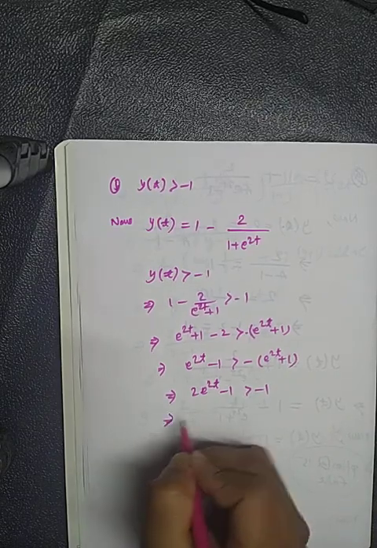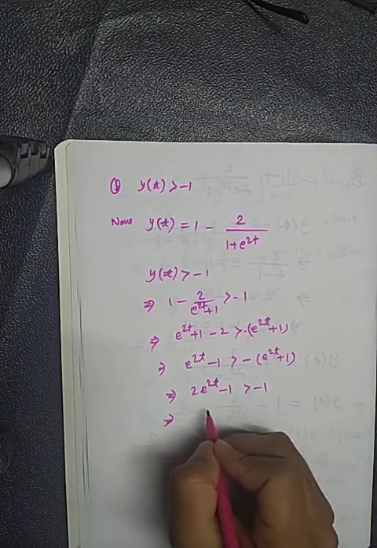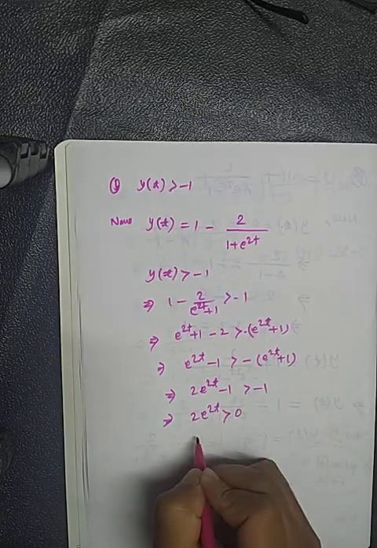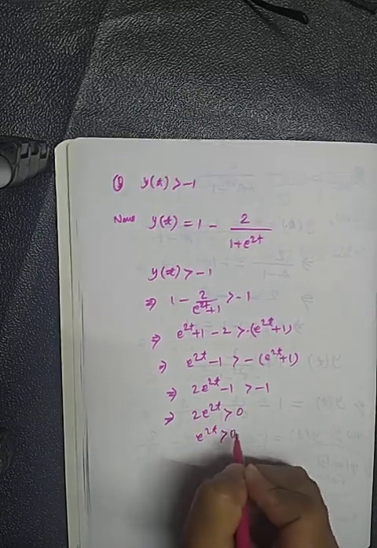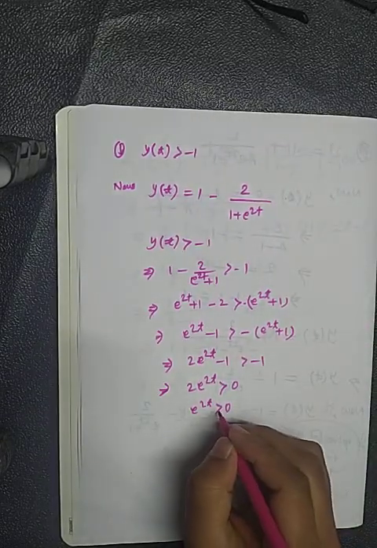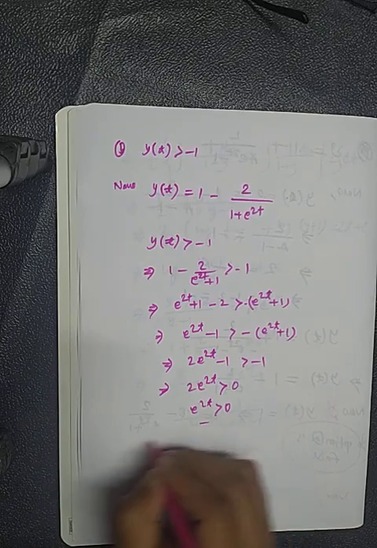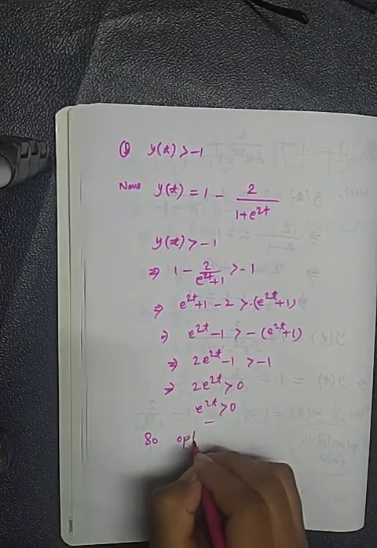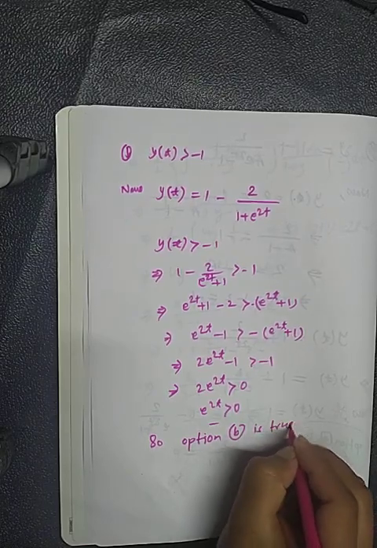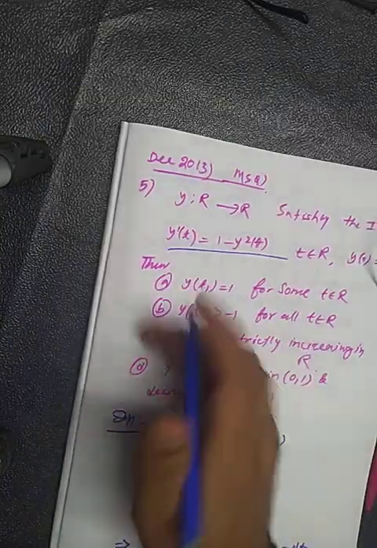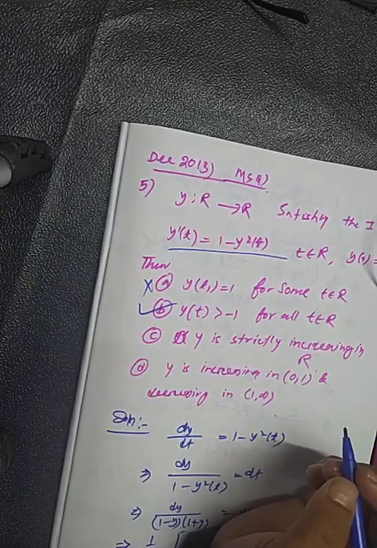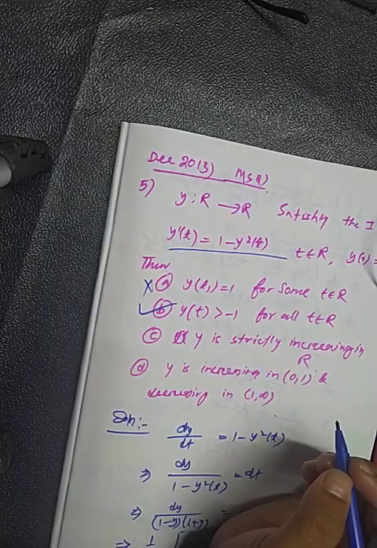So 2 e to the power 2t is greater than 0. So e to the power 2t is greater than 0. That's a true statement. So option B is true. This is a false statement, this is a true statement, and since it is an MSQ, we have to check more.